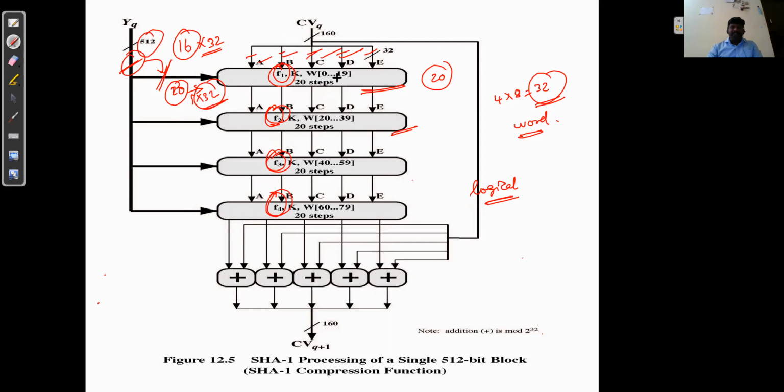Similarly, this has to be repeated 80 times, and finally we get the output. That will be our chain vector values, which is q plus 1. This will be forwarded to the next block.